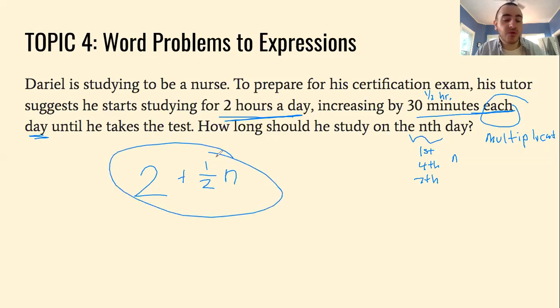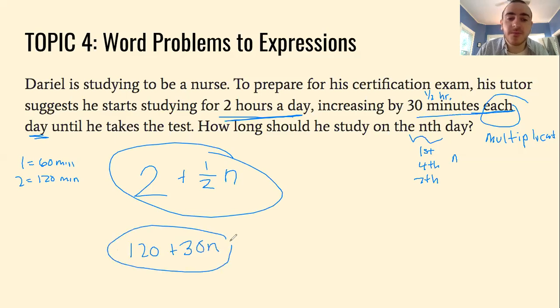Some people also, you could say, okay, well, 30 minutes, how many minutes is in 2 hours? Well, 1 hour is 60 minutes, and then 2 hours is 60 times 2, which is 120. So you could do 120 plus 30n, change it to minutes.